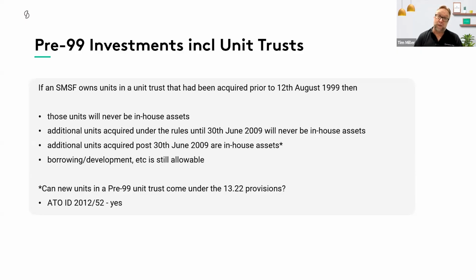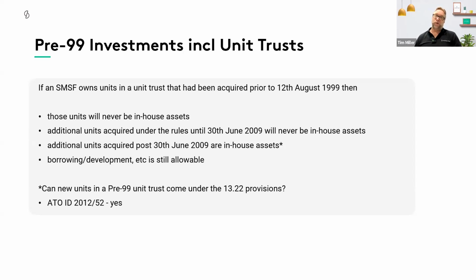So if we've got unpaid present entitlements, unpaid trust distributions, and we want to look to reinvest them, then what we have to make sure we do is we look and go, well, can we invest in that trust? Because if we do, will it meet the definition of an in-house asset, or will it meet another exception? Because it can't meet the pre-99 exception anymore.